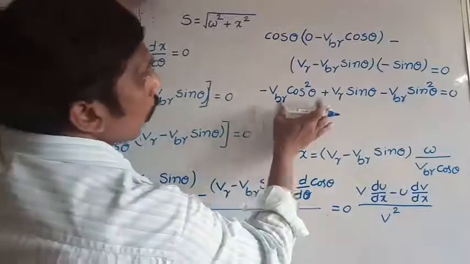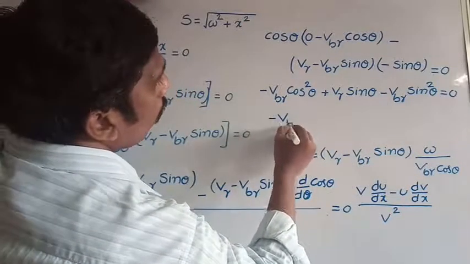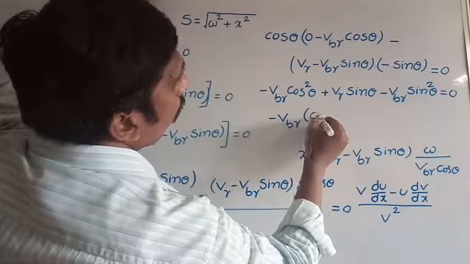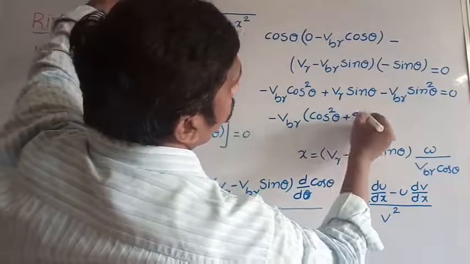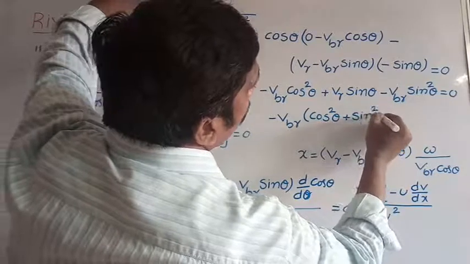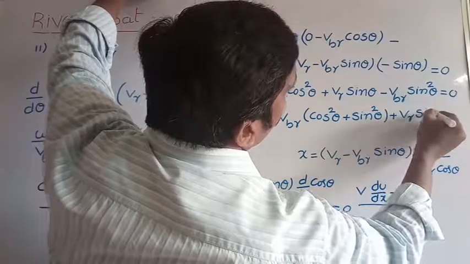Here in these two terms you take minus VBR common, then you get minus VBR into cos square theta plus sin square theta plus VR sin theta is equal to 0.